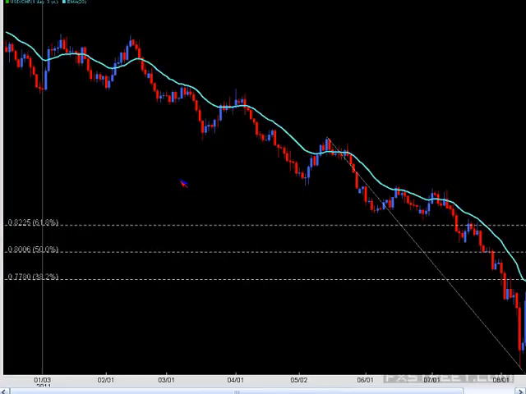Okay, great. Now, when you have a parabolic move, that's usually something that warns a trader. It's possible that we're going to see a bounce or a reversal. It could be a full-blown reversal. It could be a retracement. But oftentimes when you see a parabolic move, that's one of the first cues for a trader that something may be turning around at this point.